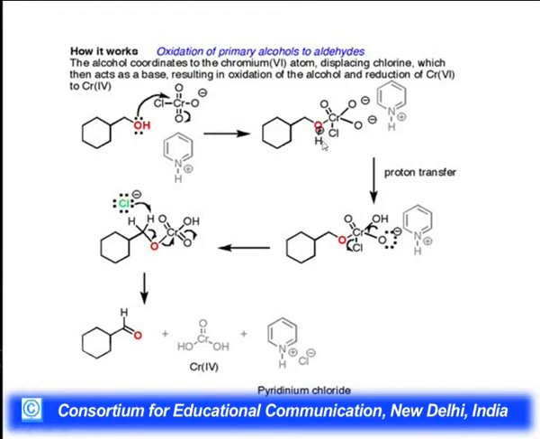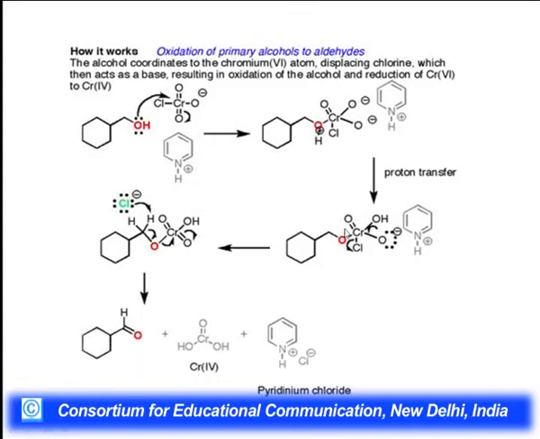Now a base will transfer this H from here to one of the oxygens, so a proton transfer takes place. This proton transfer can be internal, or pyridine can help, or a water molecule can help in transferring this proton from here to one of the oxygens. When we do this, we get this complex.